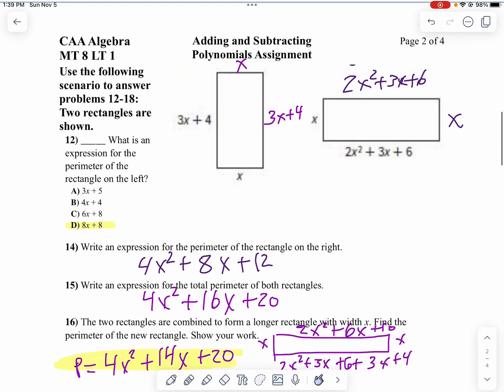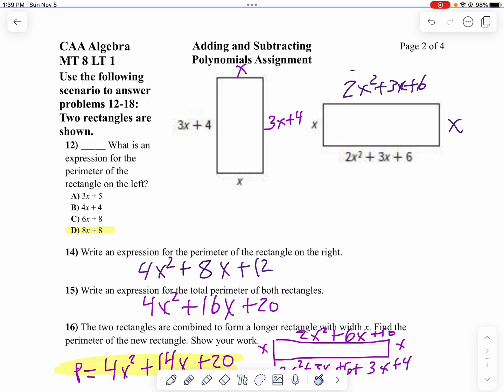So when I combine them, one of these sides doesn't get counted. So when I look here, if I would flip this x and this x, I put them together, they're not part of the perimeter anymore, are they? That's what's going on.